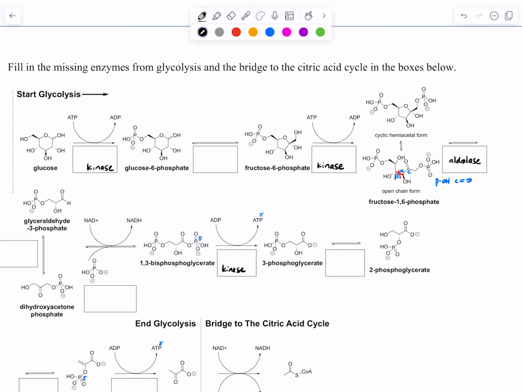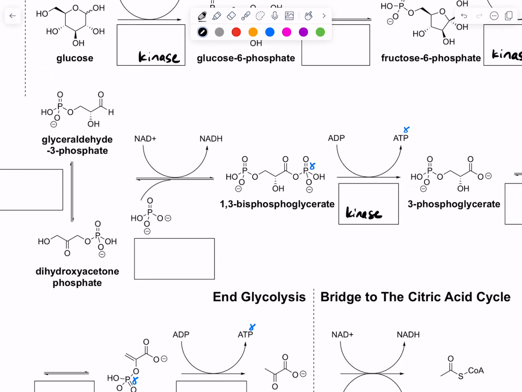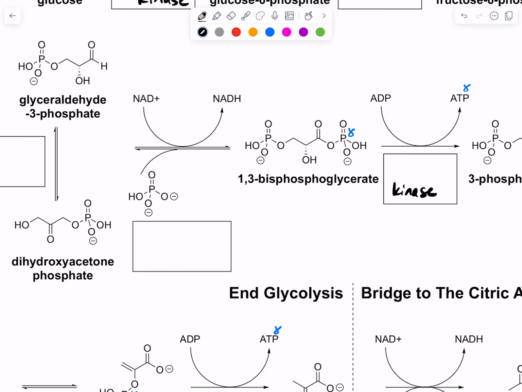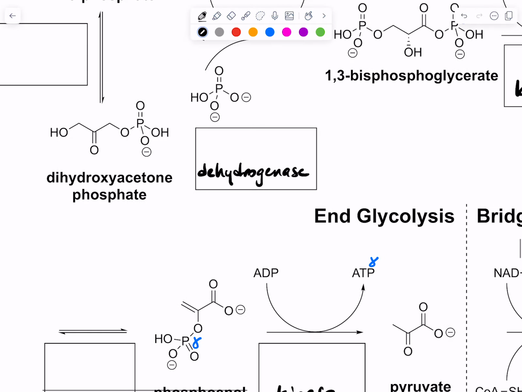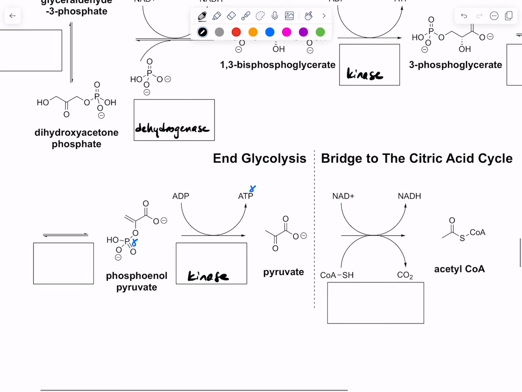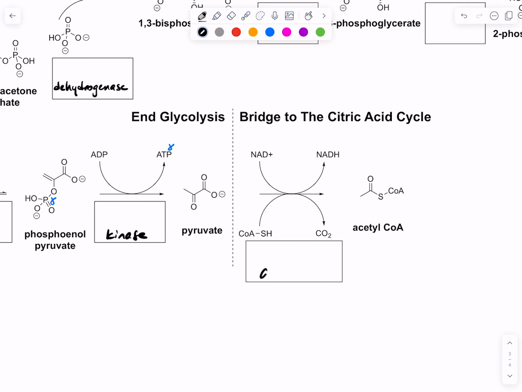NAD plus and NADH involved reactions, what are those usually called? Dehydrogenases. Yeah, a lot of redox reactions involve NAD plus and NADH, dehydrogenases. Okay, so that would be these two.